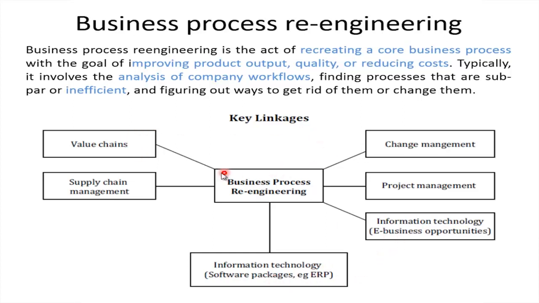In business process re-engineering, it mainly affects the human resources of the organization, and there is change management. This change management concept is especially involved in ERP as well. Sometimes, through business process re-engineering, they will identify that the organization should implement a very good new ERP.